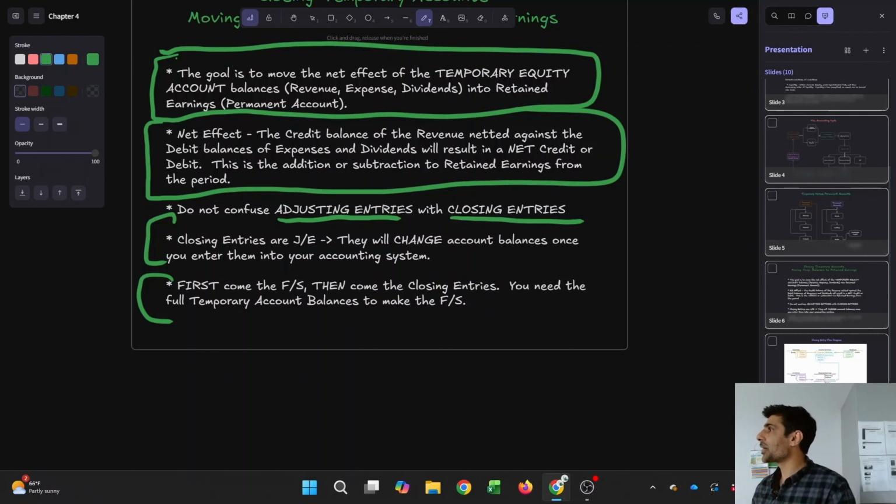Your balance sheet would actually be correct, because we're updating retained earnings by incorporating the revenues, expenses, and dividends. So you would only be able to produce one financial statement, the balance sheet, because your retained earnings would be the ending balance of retained earnings.